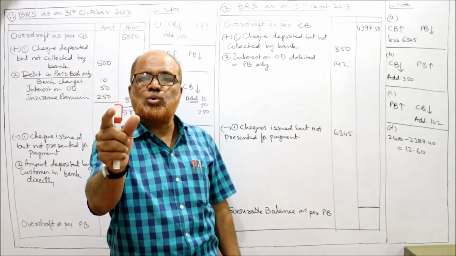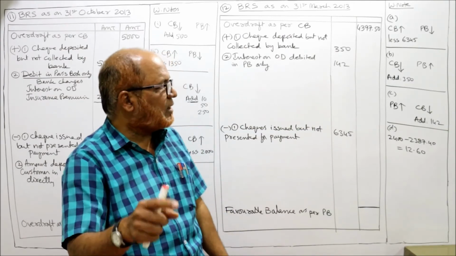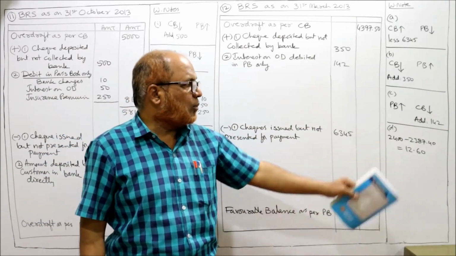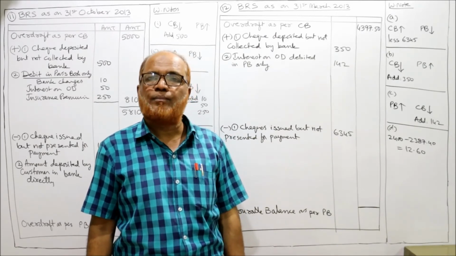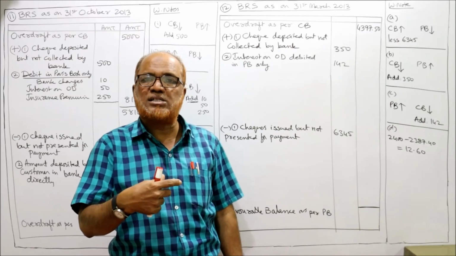The amount is 2,400 in cash book and 2,387.4 in the passbook. So the difference is 12 rupees 60 paisa, 12.60.